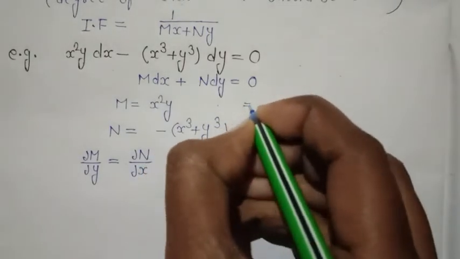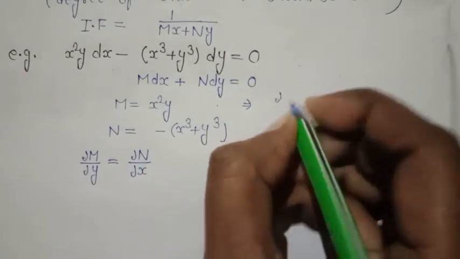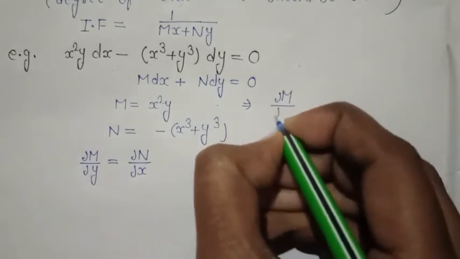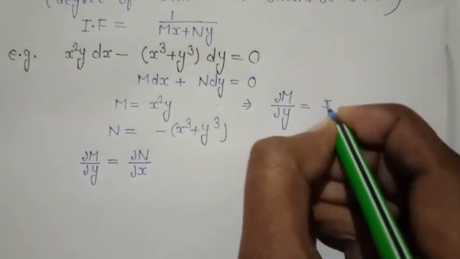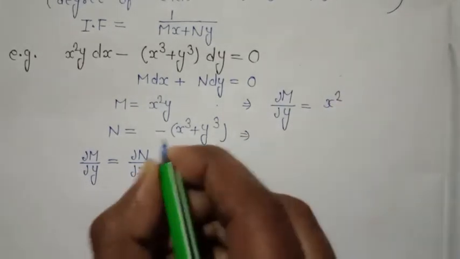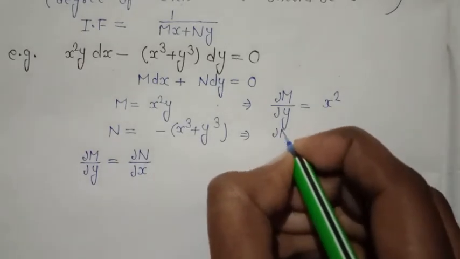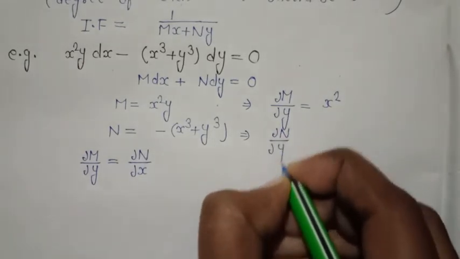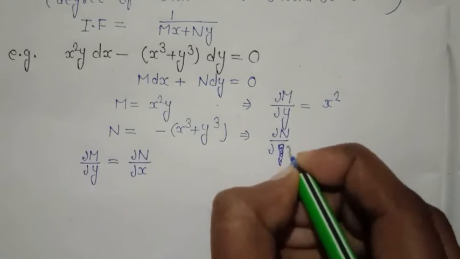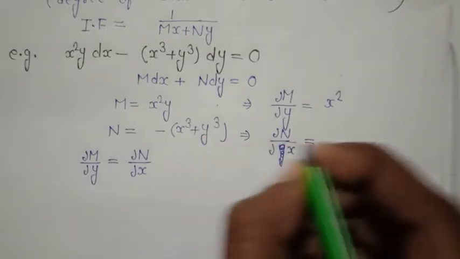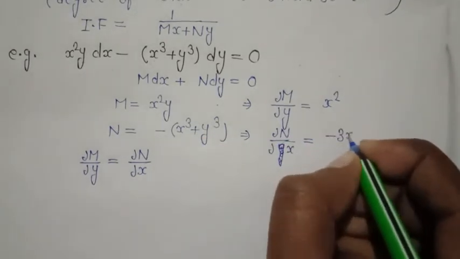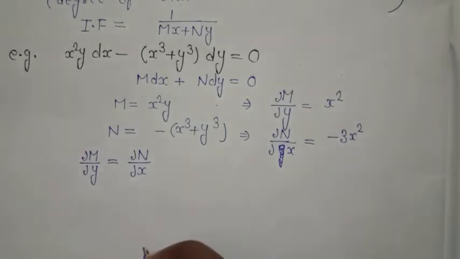If we take the partial derivative of M with respect to y, we get partial M upon partial y equal to x square. And if we take the derivative of N with respect to x, partial N upon partial x is equal to minus 3x square. Are they equal? No, never.